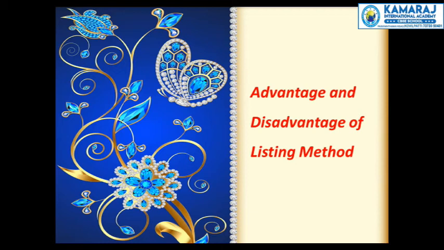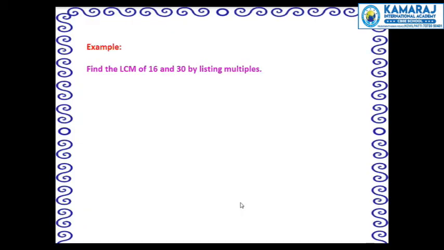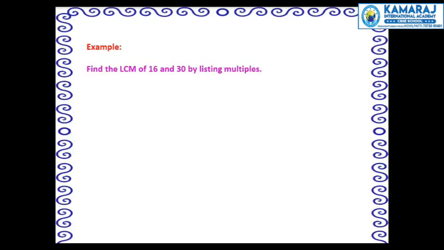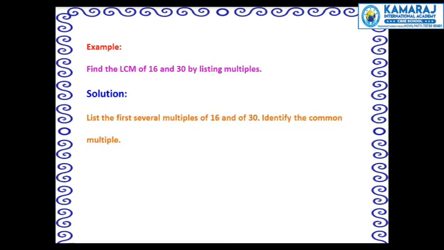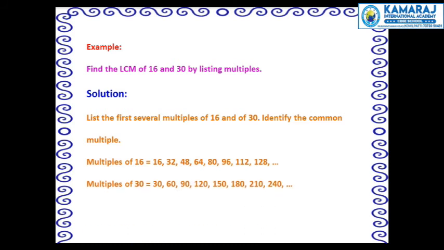Disadvantage. Find the LCM of 16 and 30 by listing multiples. Solution. First we can write some multiples of 16 and of 30. Identify the common multiple. So multiples of 16 we can write like this. After that multiples of 30 we can write like this.